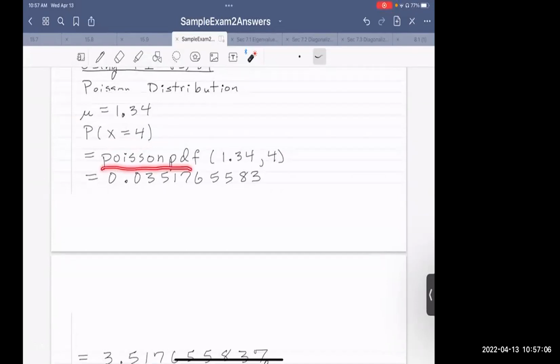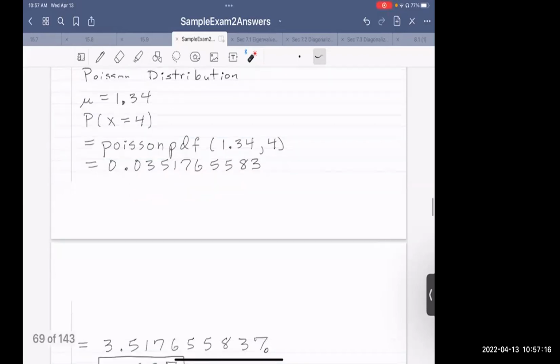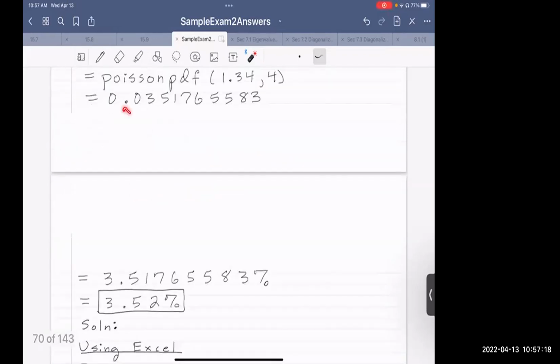And so I did the Poisson PDF. 1.34 comma 4 is 0.035176553. Let me move my decimal place 2 places to the right. 3.5176553%. Let's round to the nearest hundredth of a percent. 3.52%.